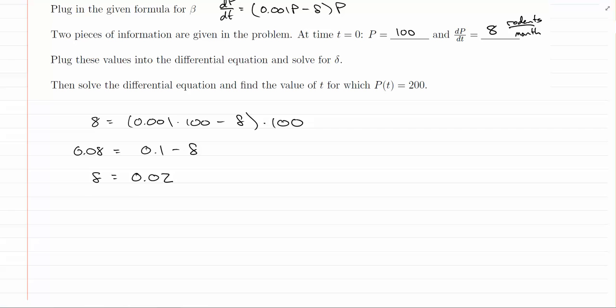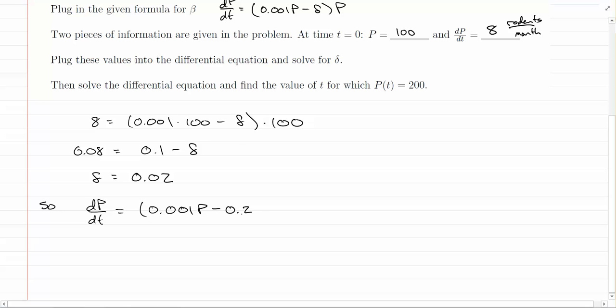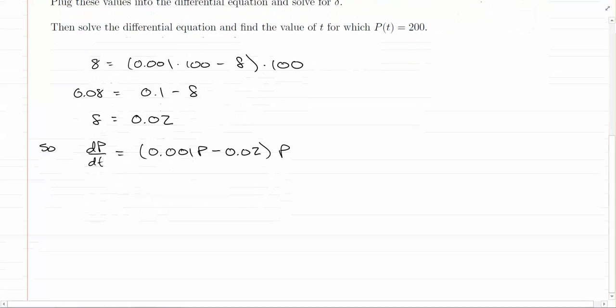Okay, so that's the value of delta. And delta is constant, so that's not only the delta for when t is 0, that's always the value of delta. So we can plug that into our general formula here, and there's our differential equation.